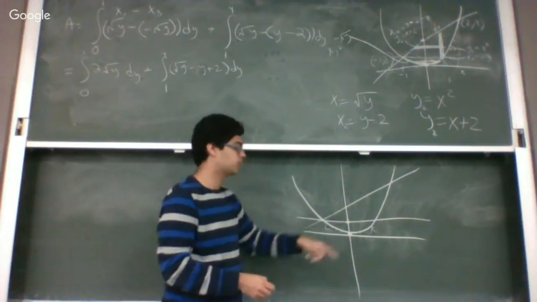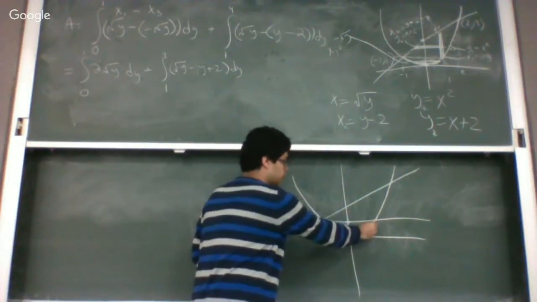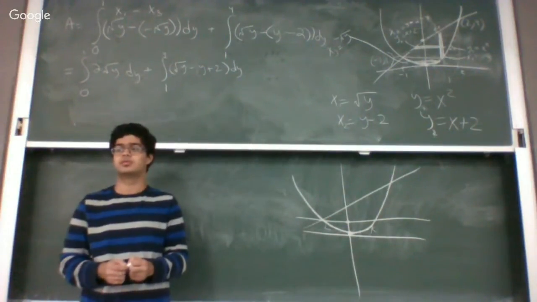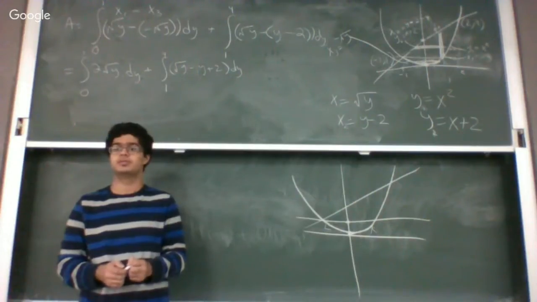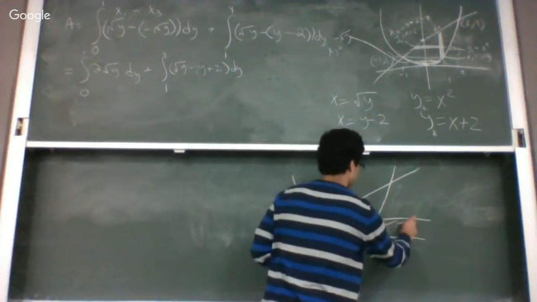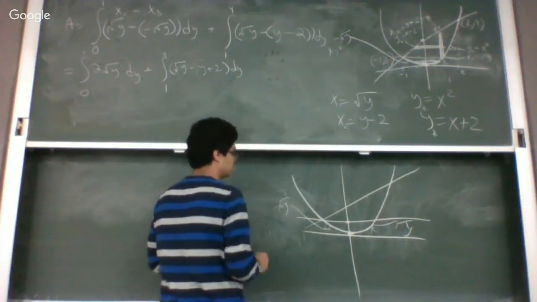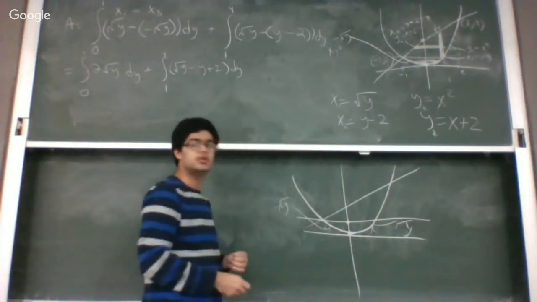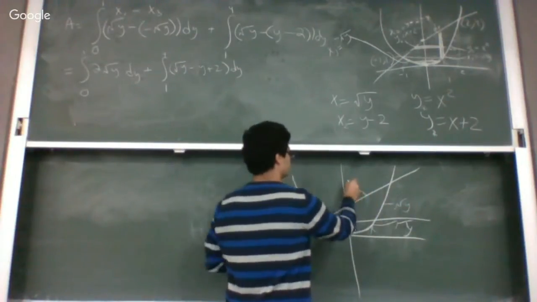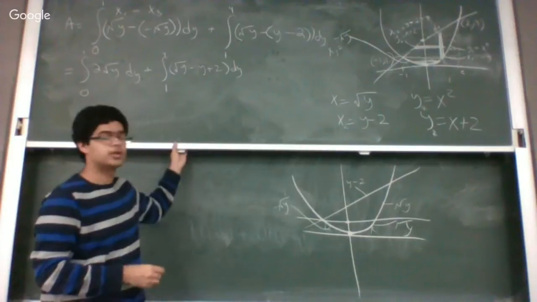In the y-axis, we're looking at from 0 to a positive 1. So from 0 to positive 1, we have the function on the right minus the function on the left. So the right was square root of y. The left was negative square root of y, from 0 to 1. And then these two integrals, square root of y, and this is y minus 2. Okay?